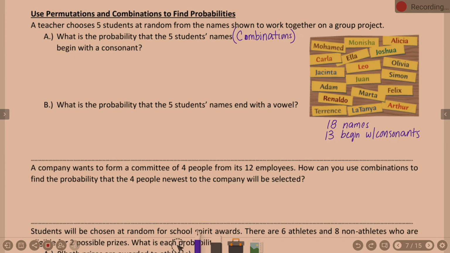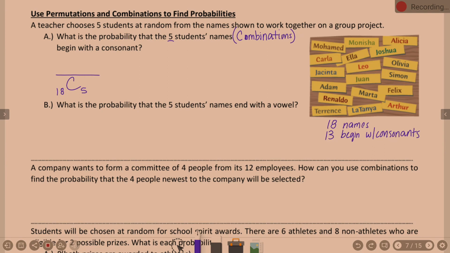And so in our denominator, we're going to look at the combination of picking from all 18 names, but how many are we trying to pick? We're trying to pick 5 at a time. So 18 combination 5 will tell me how many groups, if I'm picking from all 18 students, how many groups of 5 I could make. Okay, keeping in mind denominator is all possible outcomes, right? So how many groups of 5 are there?